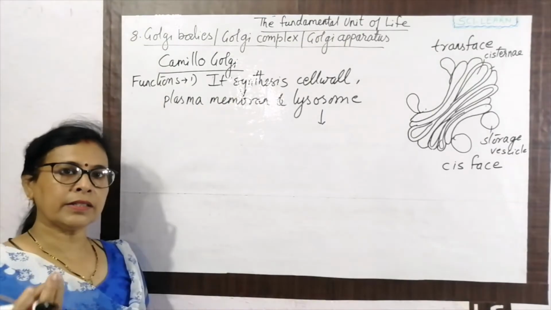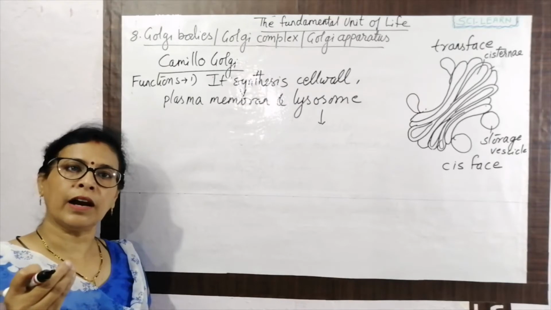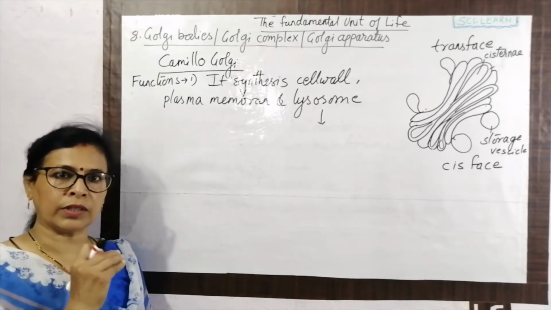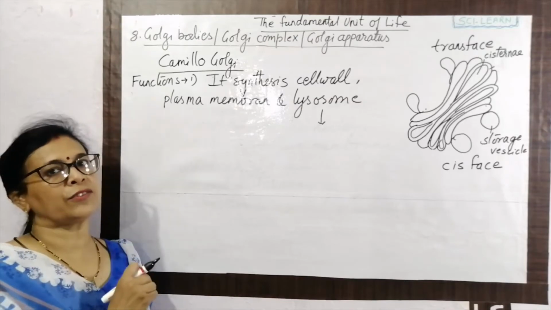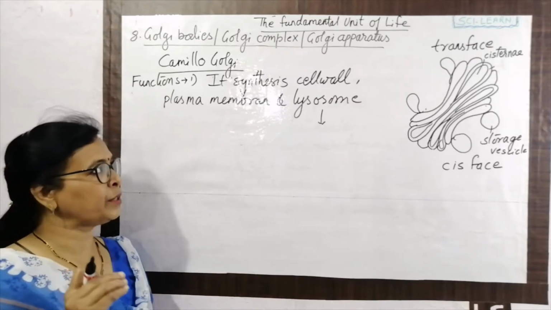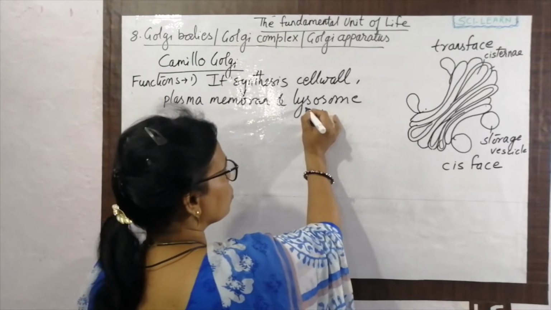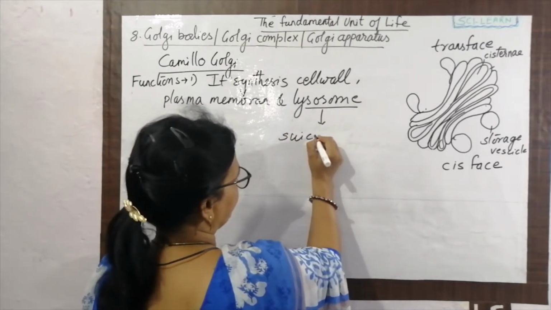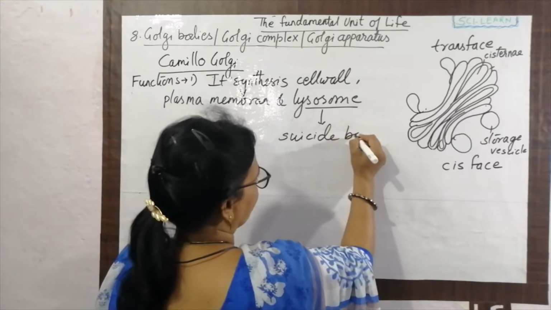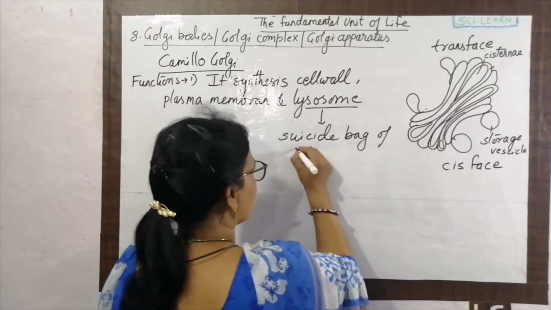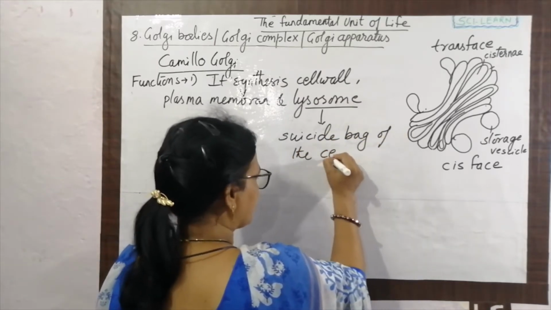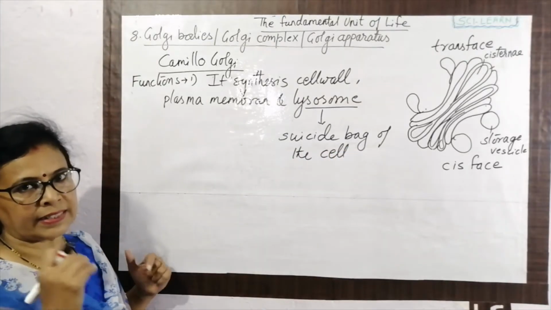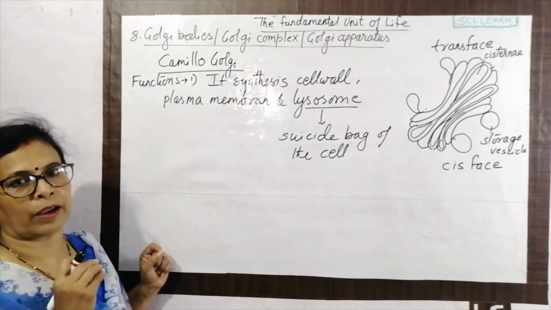It is able to digest all the unwanted substances formed in the cell. The components which are useless for the cell are digested by this lysosome. So lysosome is also called the suicide bag of the cell, because all the unwanted cell material comes into the lysosome and gets digested.